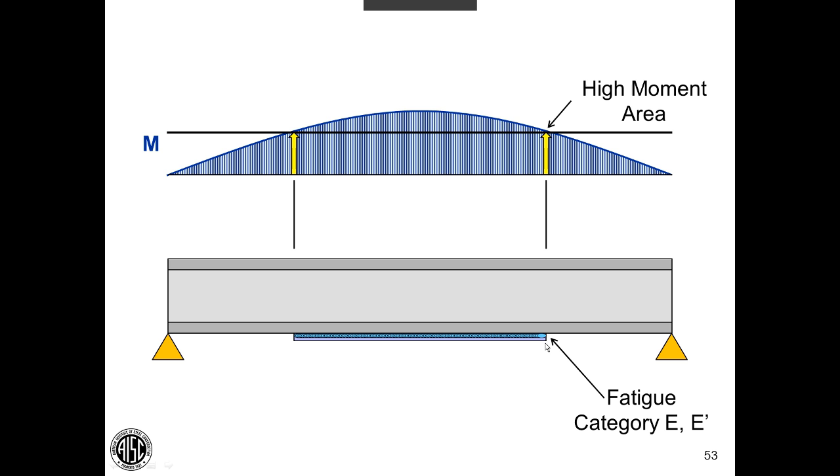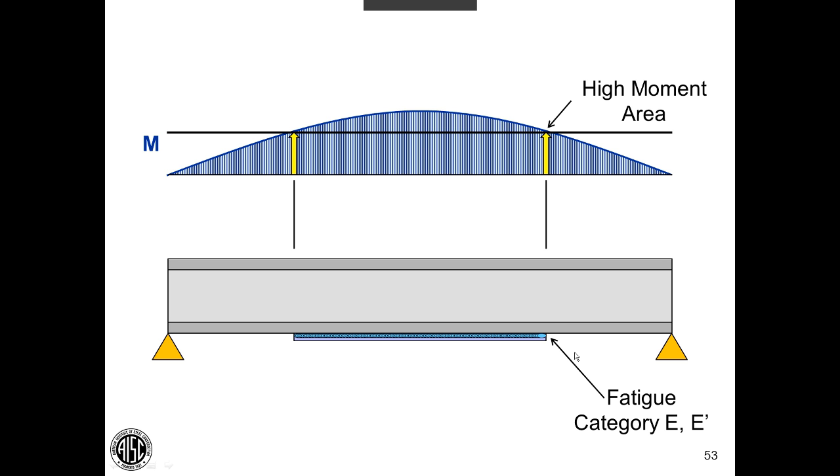And I'm assuming fatigue, so we have fatigue categories to be concerned with. Check it out. Category E is not the stress in the weld, it's the stress in the base metal. And the base metal stresses at the end of that cover plate have not changed. The stresses back in the area where we have the cover plate, those have gone down. But the stresses in the beam at the end of that have not changed. And it's at that point that we have the category E or E prime detail.